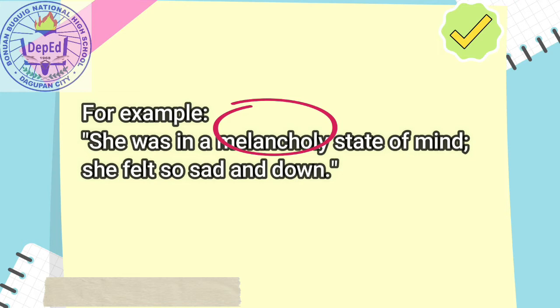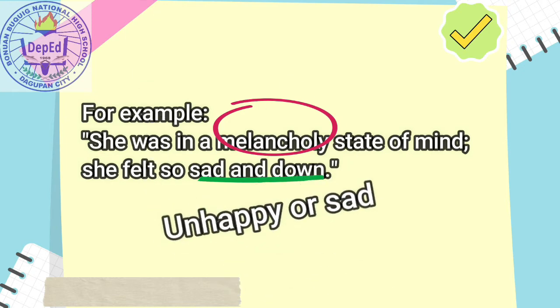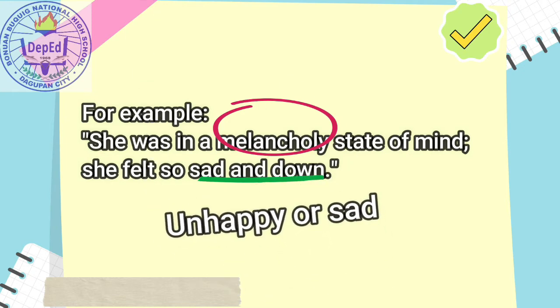Can you identify what are the clue words in the sentence? Good job! The clues are sad and down. Now, using the clues in the context, we now get a better idea about the word melancholy. We could say that melancholy means unhappy or sad.